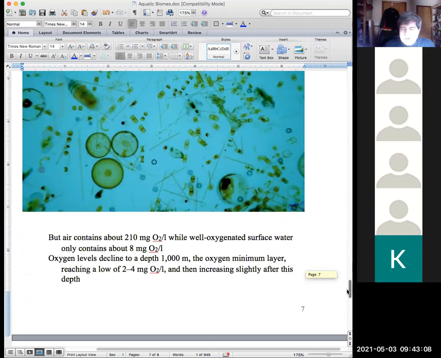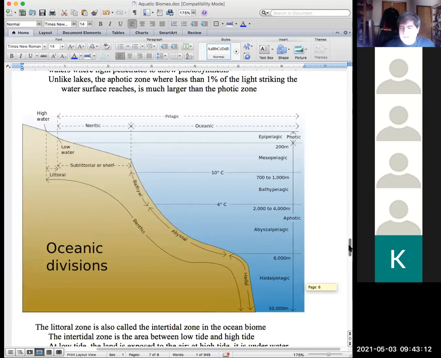So the environment changes as we go down through the various layers of the ocean, but there are a lot of organisms that are free to swim back and forth. When we look at mammals like whales, they have been recorded diving at least into the bathypelagic and the abyssopelagic levels.